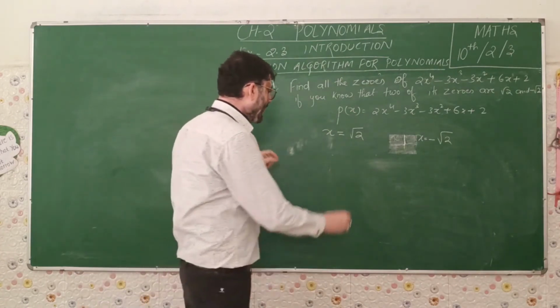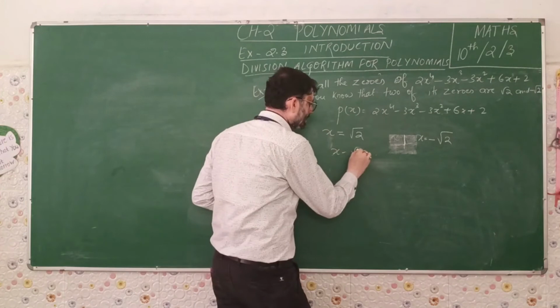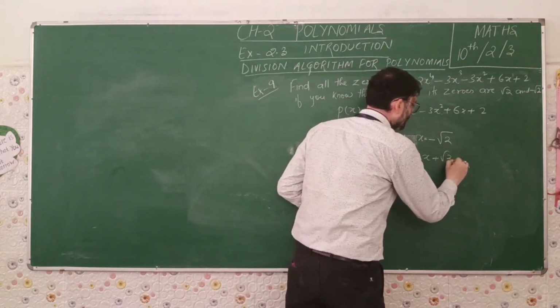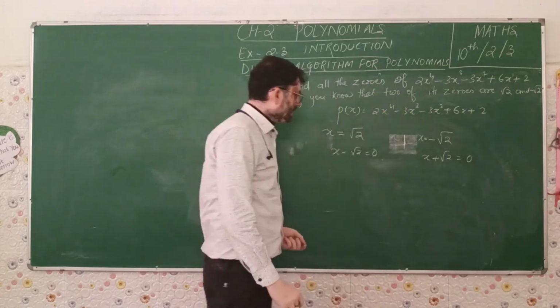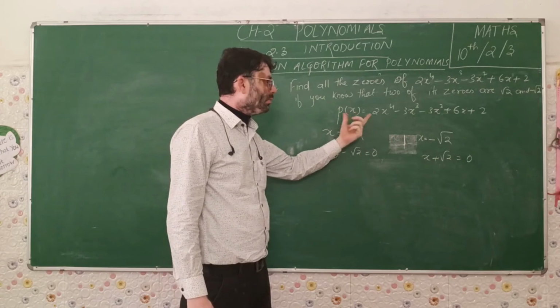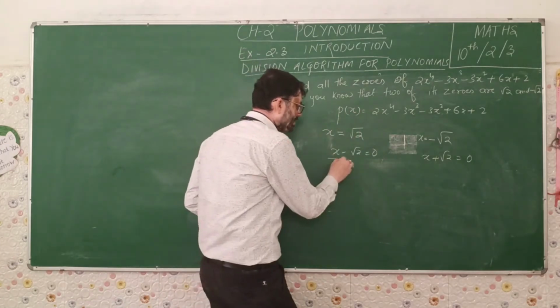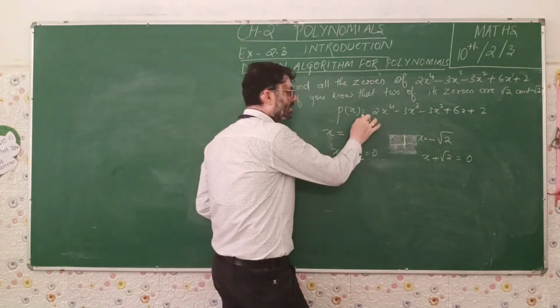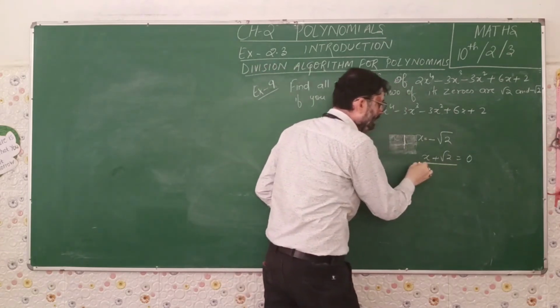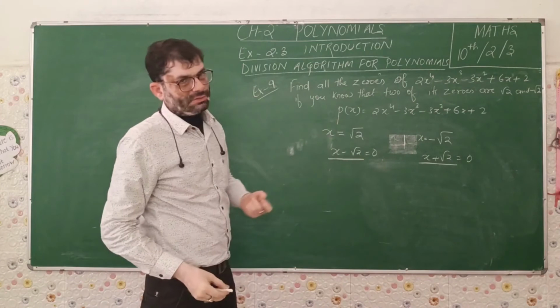But before moving on, can we write this as x minus root 2 is equal to 0 and x plus root 2 is equal to 0. Now since x equal to root 2 was a zero of the polynomial, we can say that x minus root 2 is a factor of the polynomial p of x, and x plus root 2 is also a factor of the polynomial.